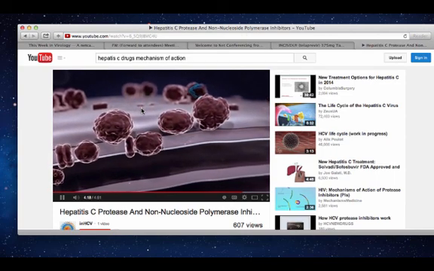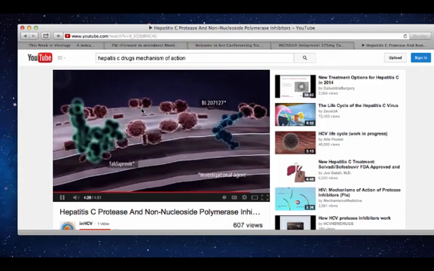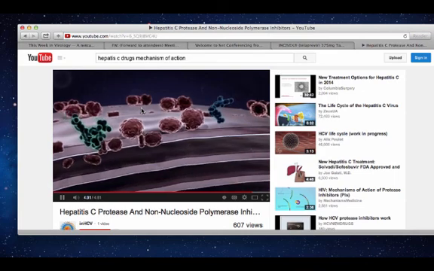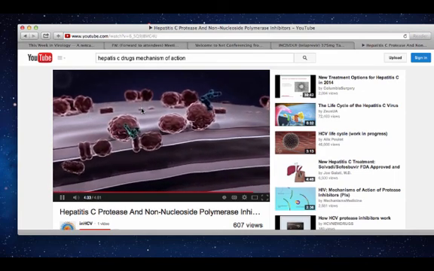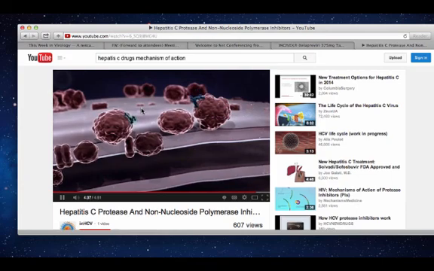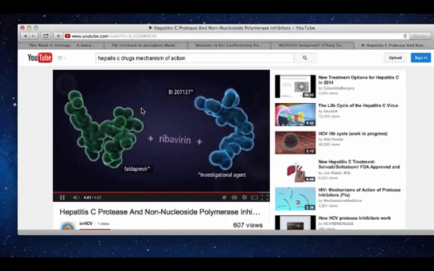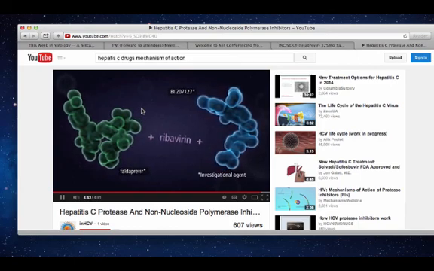And the trick for a lot of these kinds of drugs, particularly for these polymerase inhibitors, is you need to be able to block the viral polymerase without blocking the cellular DNA polymerase needed for replication. So you have to have something which is really specific for this viral polymerase relative to the cellular polymerases. And so that's probably the real trick in terms of getting these things to actually work.